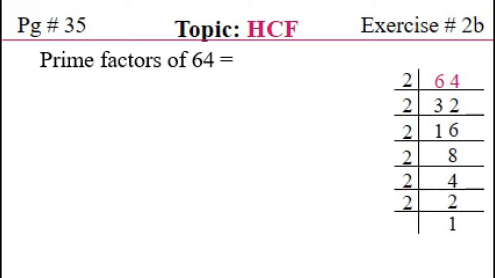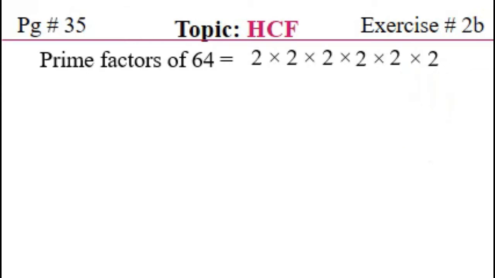So, how many times is 2 written over here? 2, 1, 2, 3, 4, 5, 6. It means 2 is to be multiplied by itself and written like this: 2 multiplied by 2 multiplied by 2 multiplied by 2 multiplied by 2 multiplied by 2.